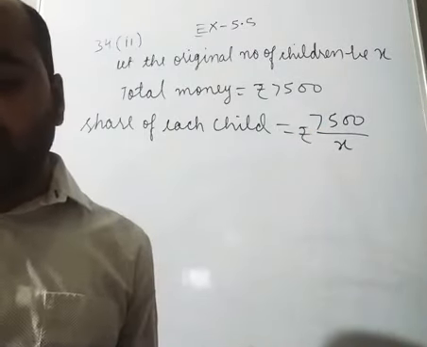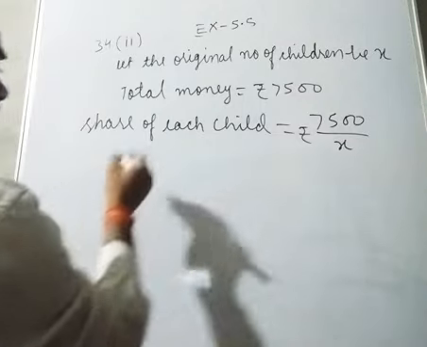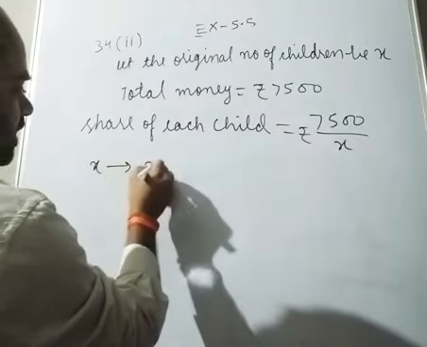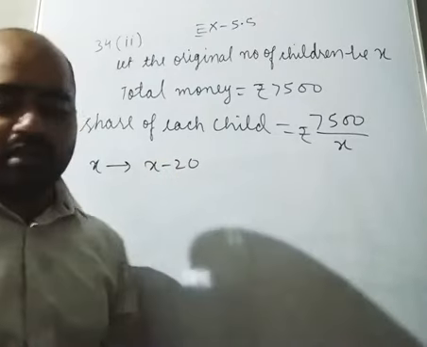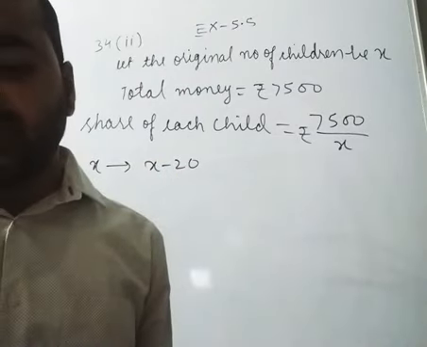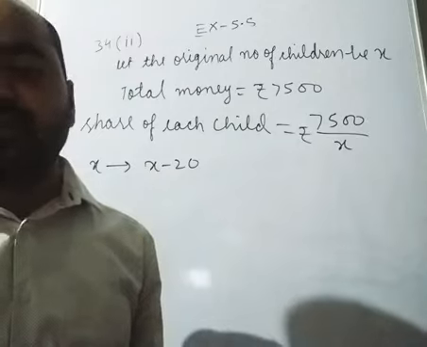Now the condition is, had there been 20 less children, it means if x was x minus 20, this is given, each would have received rupees 100 more.